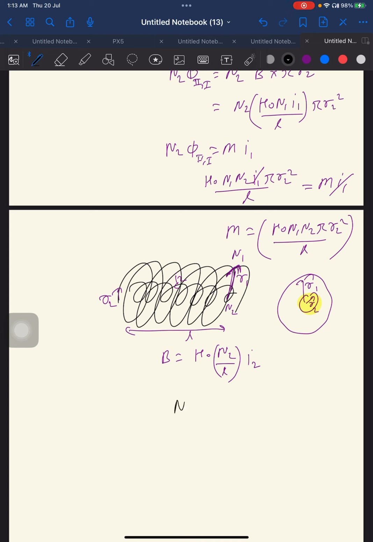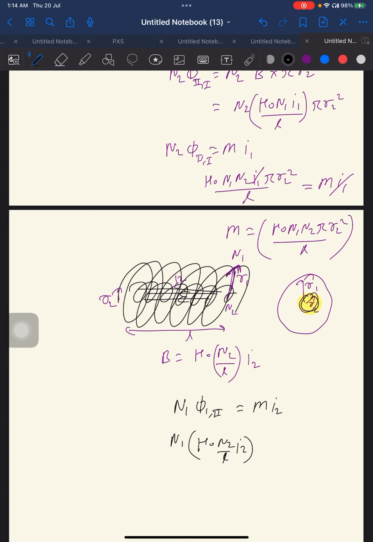So what will happen? N1 phi 1 due to coil 2 is equal to M I2 according to our definition, where N1 phi 1 is how much? B, which is mu naught N2 by L into I2, and area. In the bigger coil also the flux will come only up to this part, because the magnetic field of the inner solenoid is only inside, not outside.